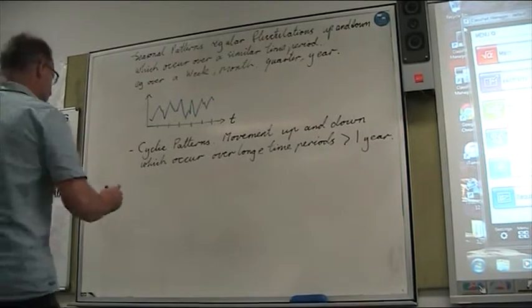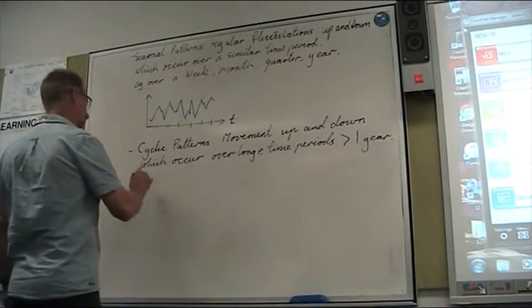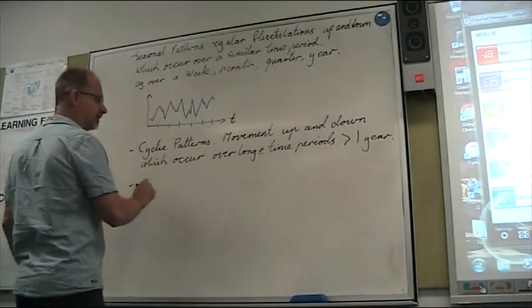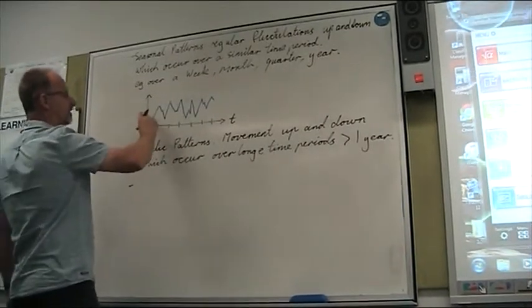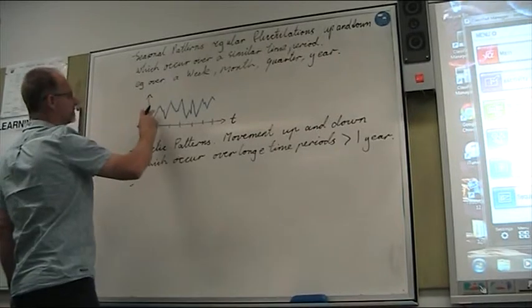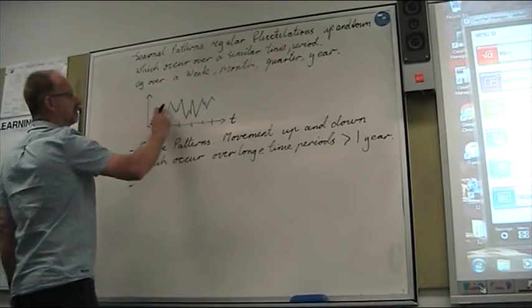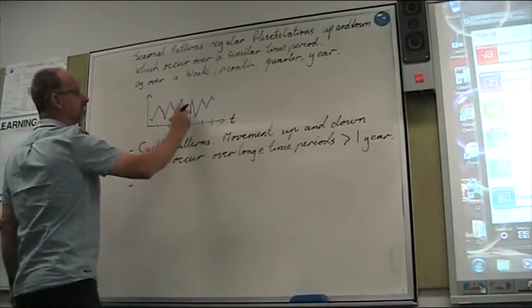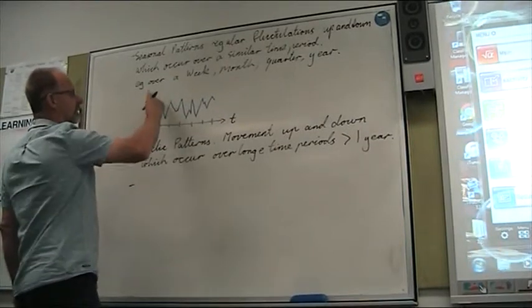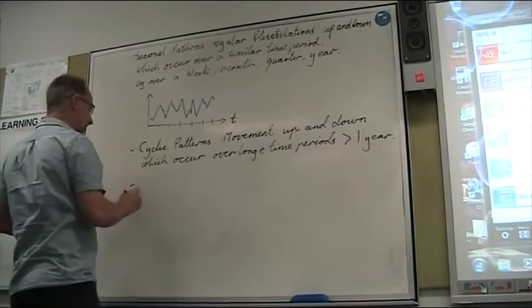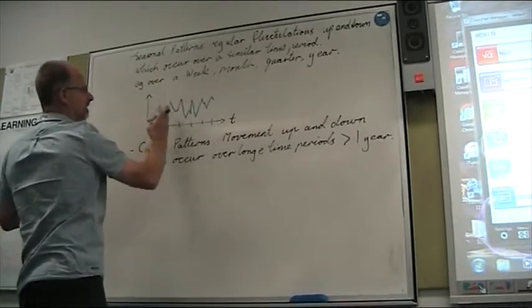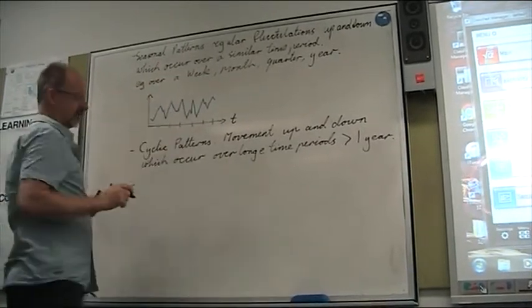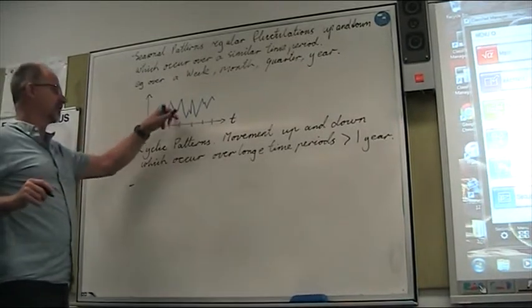Alright, then another thing that we have is what's called a structural change. And this that I've got here shows structural changes. Structural changes are just big variations that occur. So this one's going up and then down and up. While it's a seasonal pattern because it's regular, it's also what would be termed a structural change.